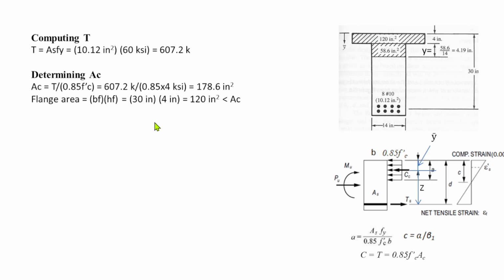So the flange area, which is this one here: the width of the flange is 30 times the flange depth of 6 inches, so we have 120. That's why we have 120 here. And this is less than the area of the compression stress, which is 178.6. So it is obvious that a portion of the area will extend below the flange, within the depth of the web.